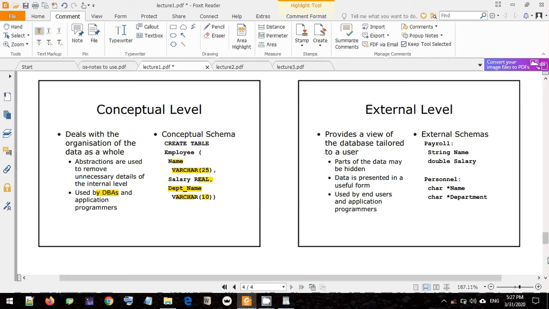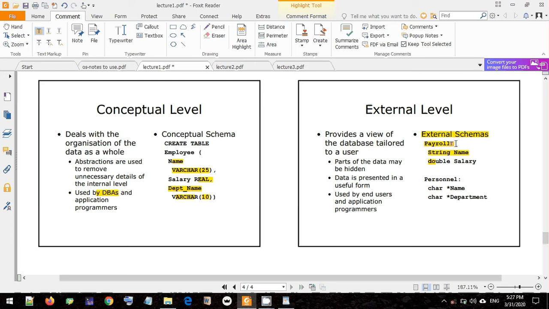External level. The external level provides the database tailored view to the user. Parts of the data may be hidden because it is presented in a useful form, and it will definitely hide unnecessary details from the user. We have an external schema. You have payroll, which is a string.